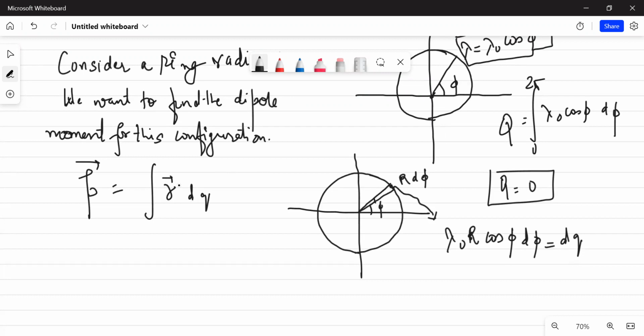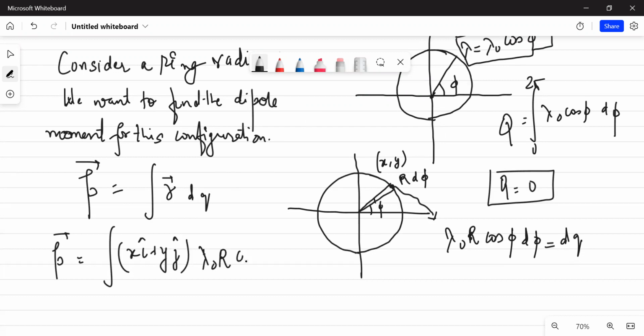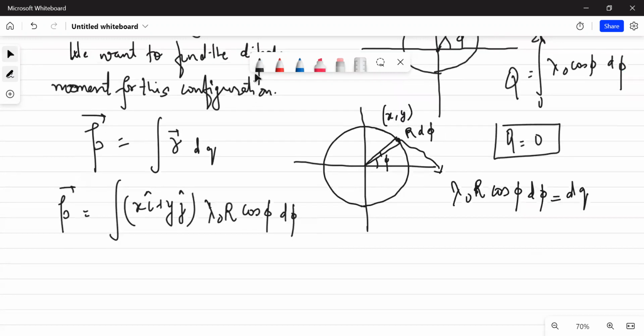This is my dq. And what would be my r? R would be equal to simply R only in magnitude. And what would be the best way to handle it? Just take some point, let's say x comma y. So I'll write my R vector as simply x i cap plus y j cap. Is that clear? And here I'll write lambda naught R cos phi d phi. Is that clear? Does any child have a problem up to here?